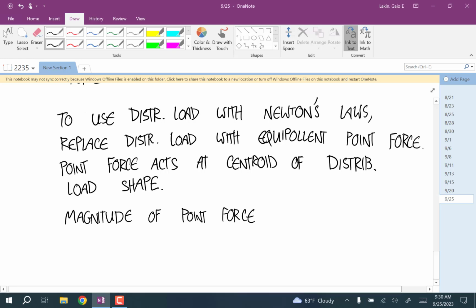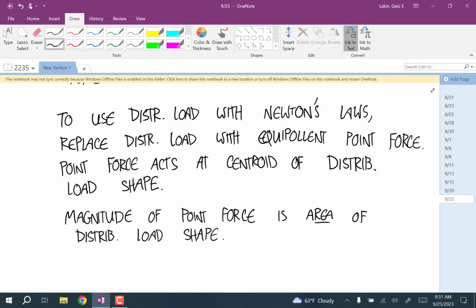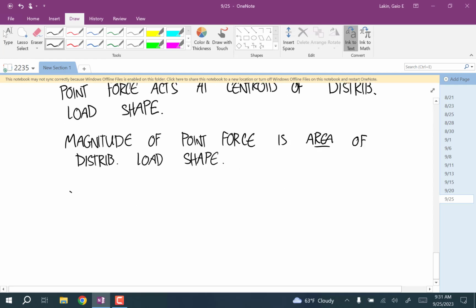So as you would imagine, the magnitude of that point force is the area of the distributed load shape. Okay, so let's do an example.